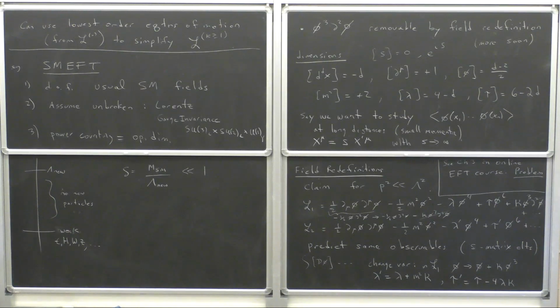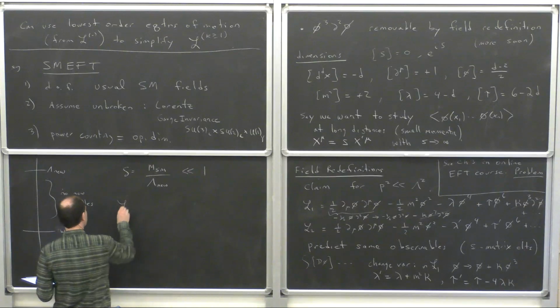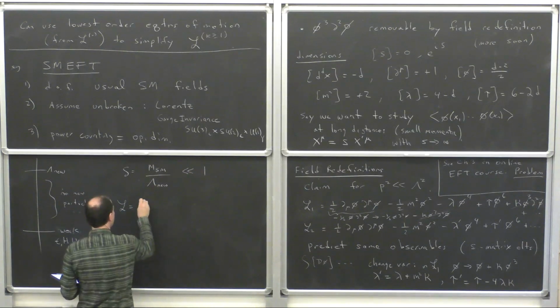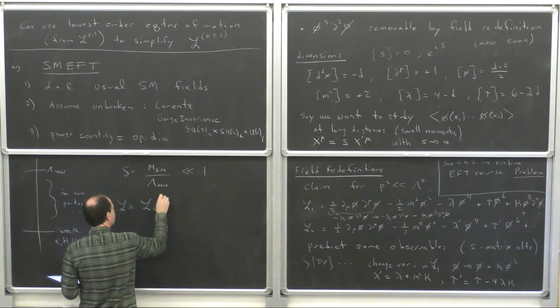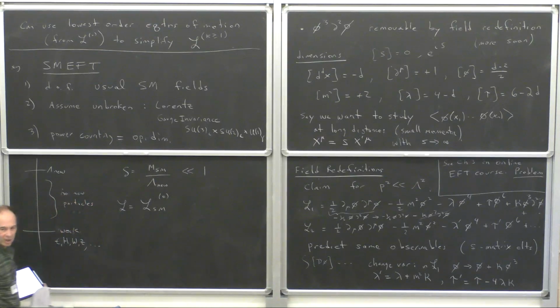So now we know that we can organize things by dimensions. A Lorentz invariant theory, of course, falls under the dictates of our theorem. The zeroth order term is just what we usually call the standard model. In a quantum field theory course, that's what you study.